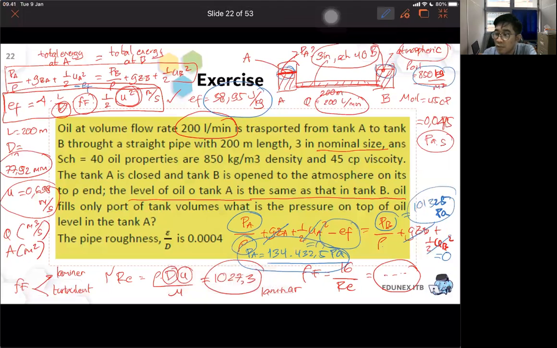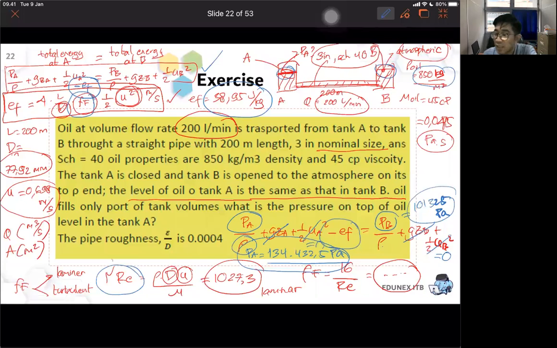Then you can derive the formula for the Bernoulli equation by putting in the EF. Then you do the calculation of EF. EF is a function of the friction factor. You need to calculate the friction factor first. For the friction factor calculation, you need to check the Reynolds number, whether it's laminar or turbulent.